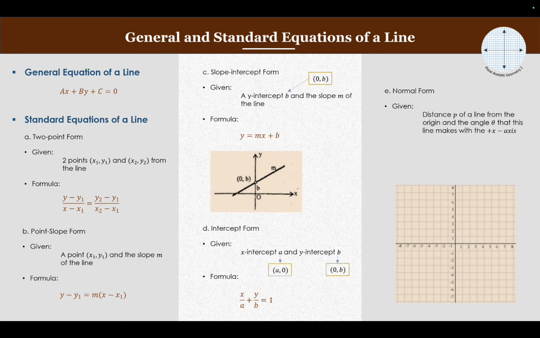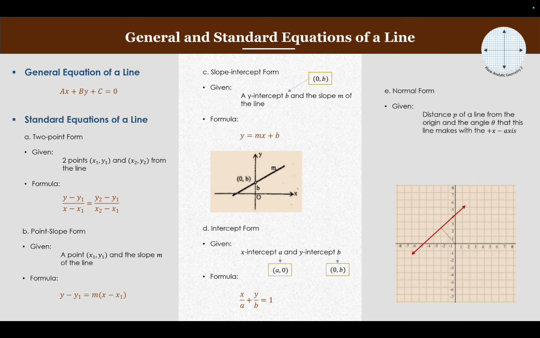Let us draw a line here. The shortest distance of this line from the origin is its perpendicular distance or its normal distance.